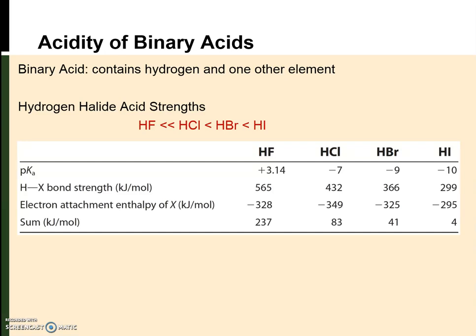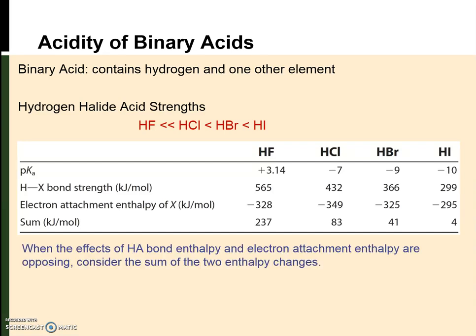And so this tells us that it's most favorable for HI to dissociate into a proton and iodide, and for HF it's least favorable. And so in any case where the two effects are kind of opposing each other, we need to consider the sum of the two enthalpy changes.